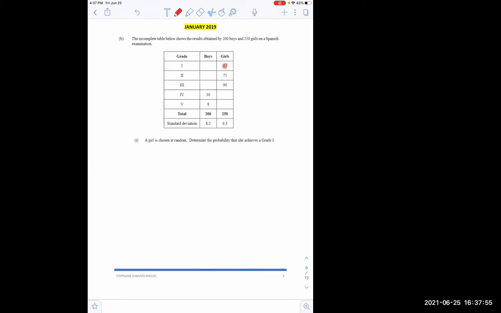So the probability that a girl receives a grade 1 is the number of girls receiving a grade 1 over the number of girls. Work it out, and simplify it to the lowest terms, please.